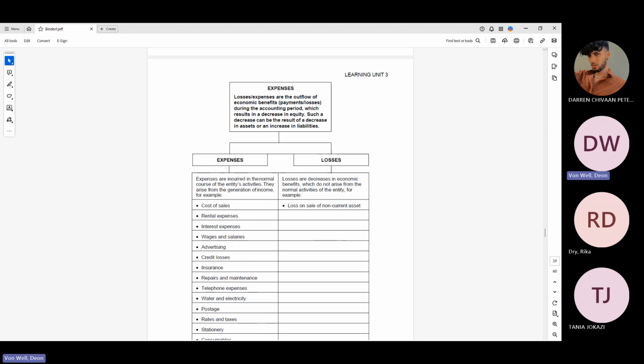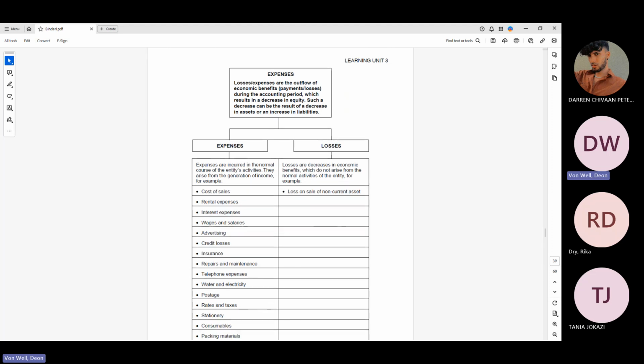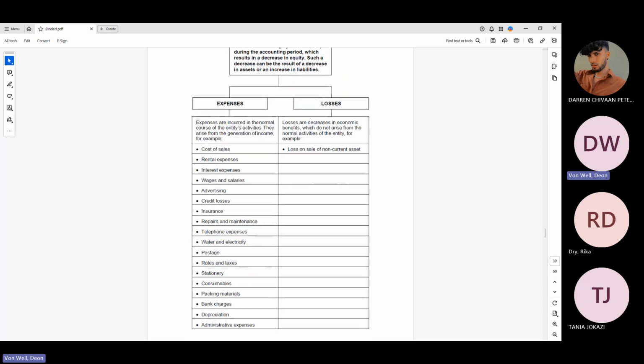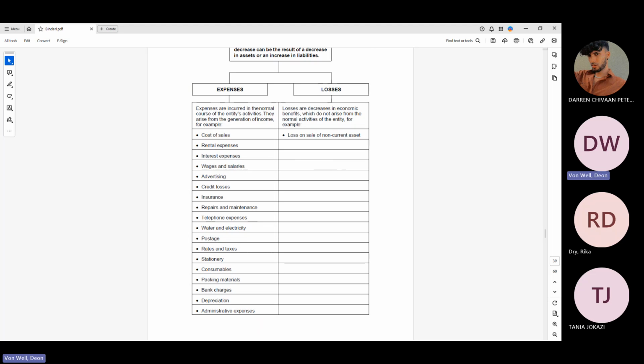It's a credit loss. It's an expense. Insurance, it's an expense. Repairs and maintenance, telephone expenses, or you can call it telephone costs. Water and electricity, postage, rates and taxes, stationery, consumables, packing material, bank charges, depreciation, administrative expenses. So these are all examples of expenses.